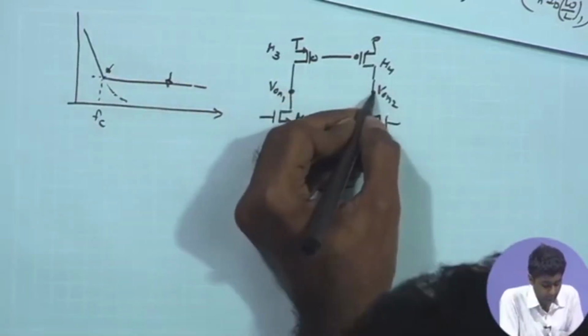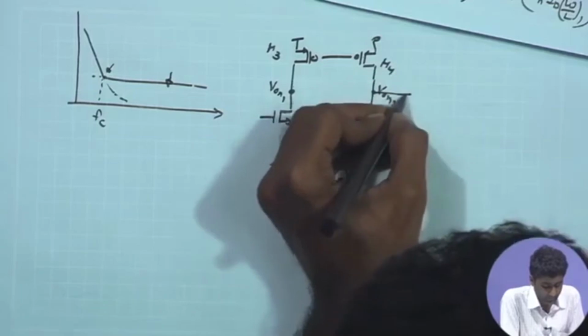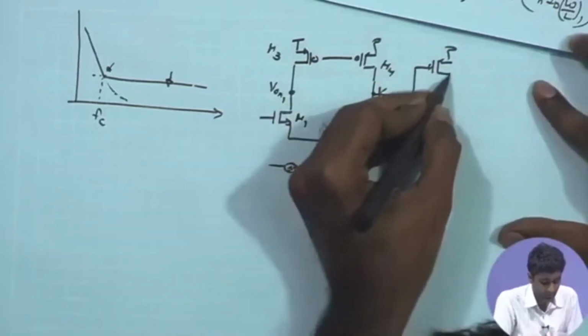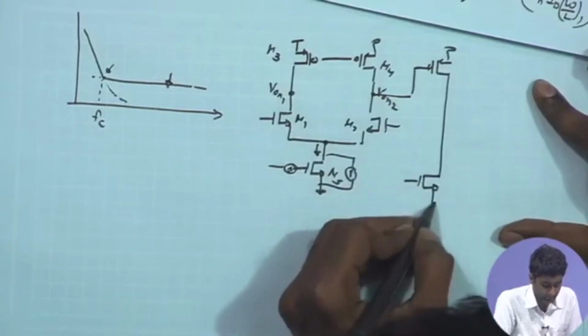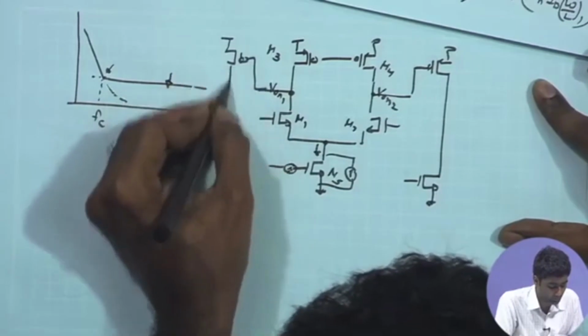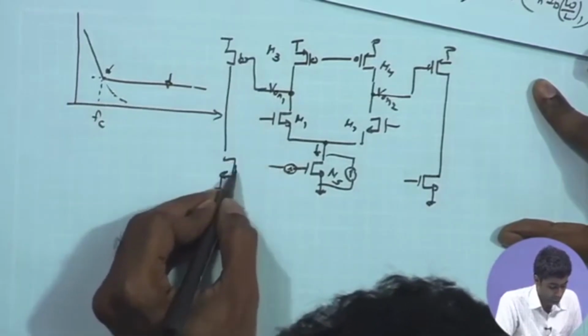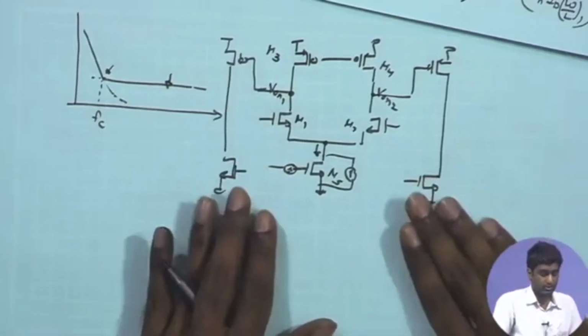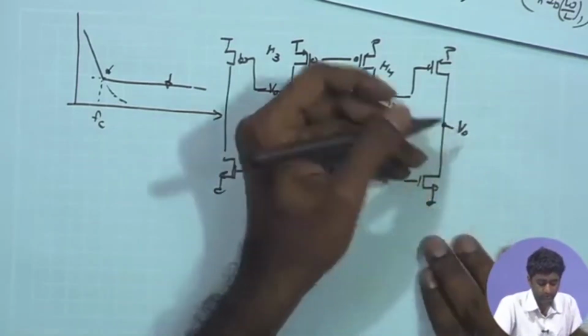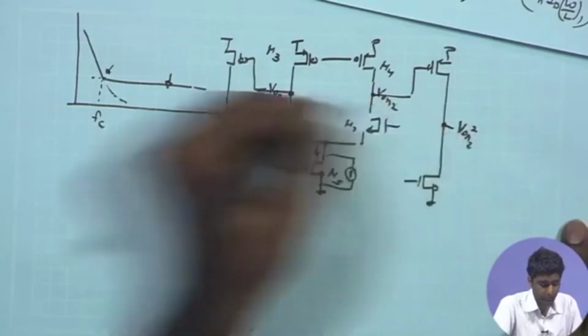Before we go there, we can also quickly revisit the second stage and conclude that its noise is not so relevant as compared to the first stage. Therefore, we are focusing more on the first stage noise. Whatever noise is produced by the second stage, I can call it VON2 square.